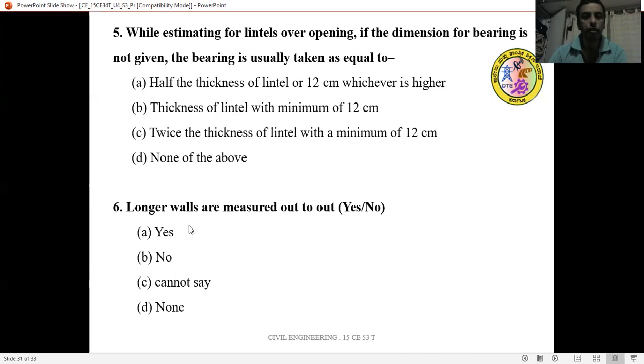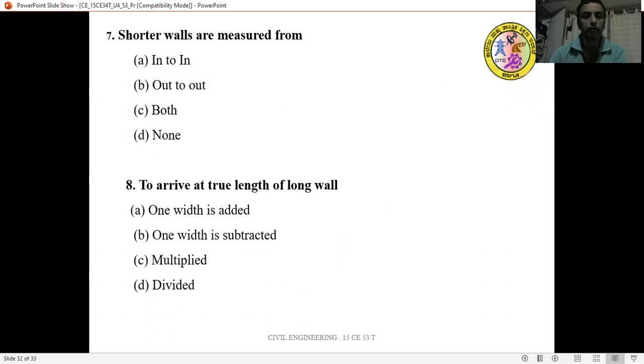Next, sixth question. Long walls are measured out to out. A, yes. B, no. C, cannot say. D, none. Next, seventh question.